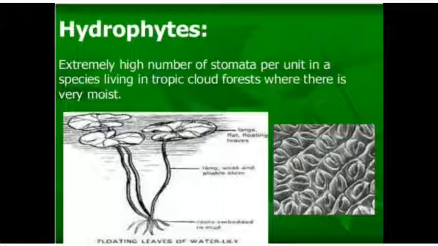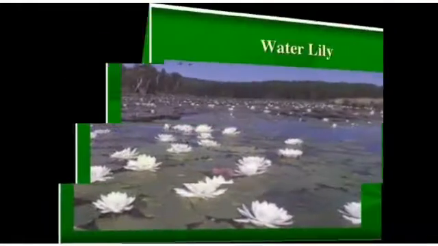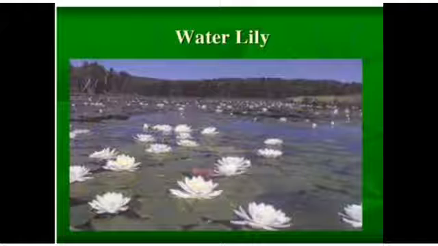They require special adaptation for living on the water surface. The most common adaptation is presence of lightweight internal packing cells. Some familiar examples of hydrophytes are water lily and lotus, etc.